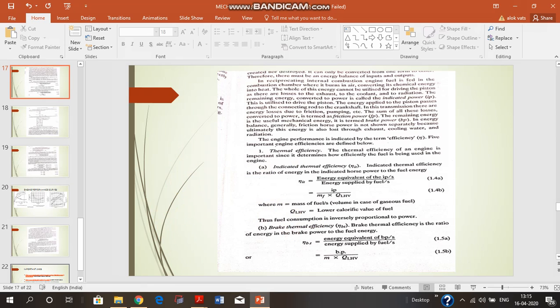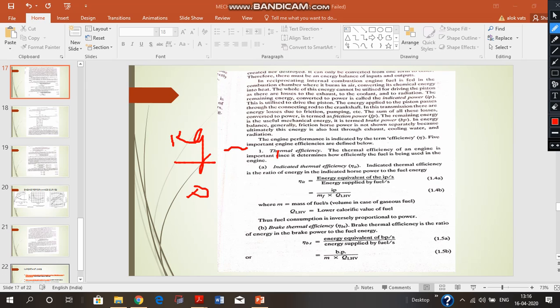It has got the units of kg per second. So kg per second is the unit of mf dot. Also when it is multiplied by CV, that is the calorific value, which has got the units of kilojoule per kg.